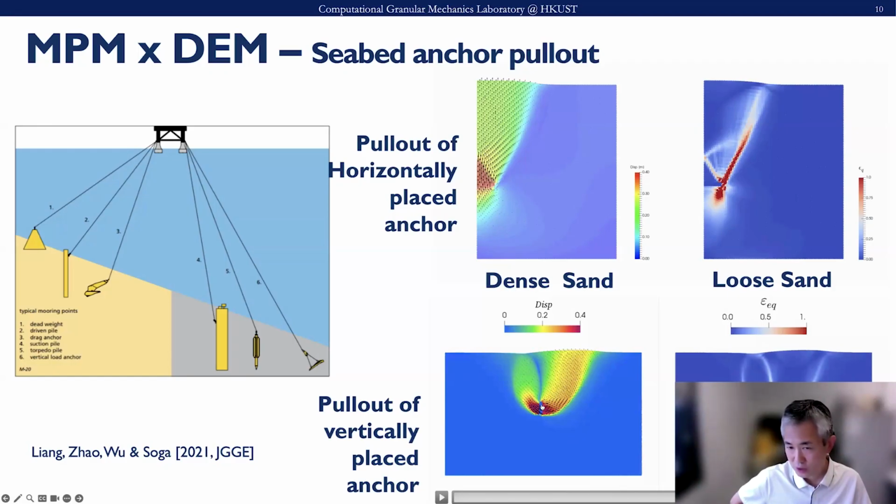But behind the anchor plate, this generates a loosened part, which generates another collapse mechanism, and so another shear band penetrates through the surface behind it, also felt at the seabed surface here. This is further illustration.